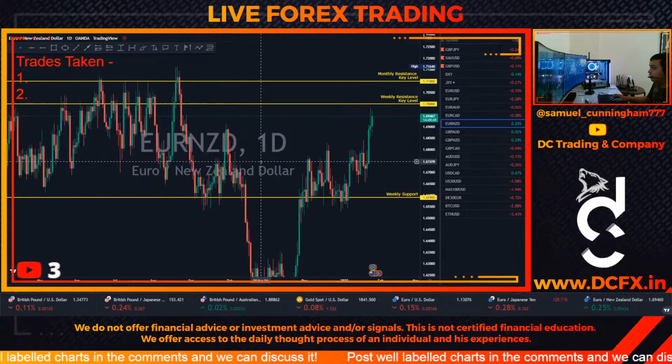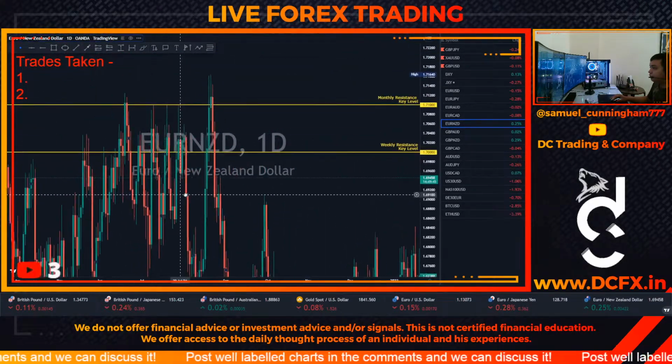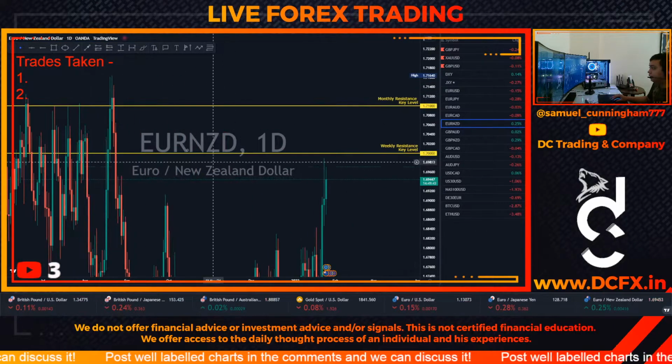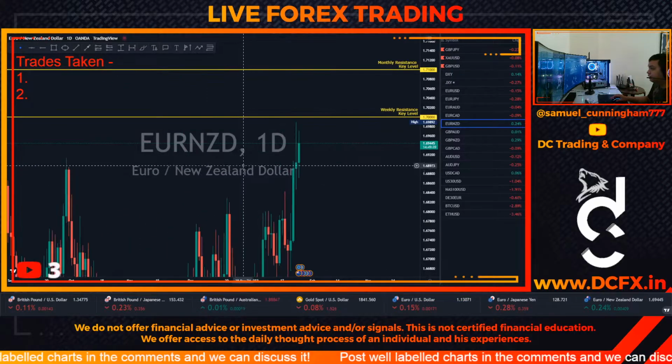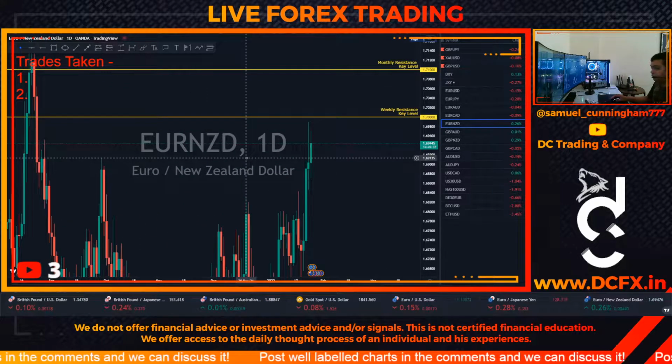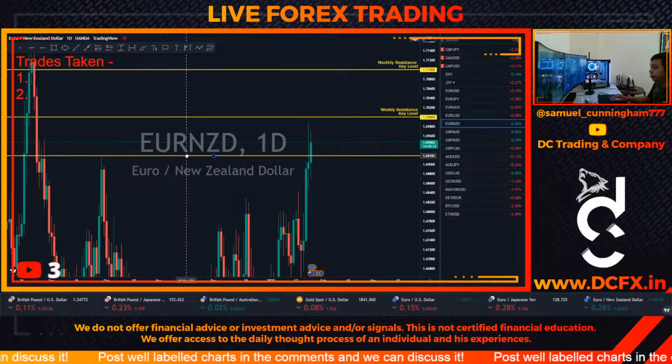Right, on the daily time frame, what have we done? On the daily time frame, we have those levels up there. We have a huge rejection wick from yesterday. Daily resistance is right around here.